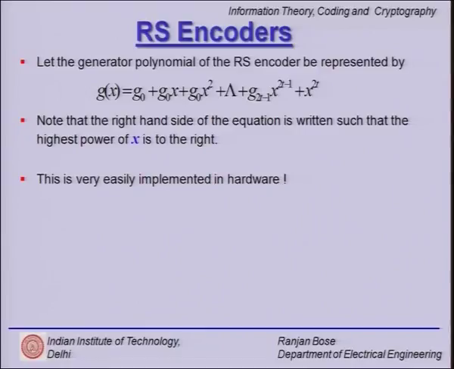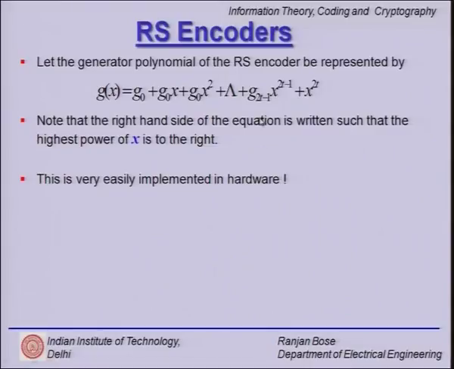Now, let us look at the encoder representations, and we would like to encode the following generator polynomial. So, this is g0, g1, g2 up to g(2t minus 1), up to this monic x raised to 2t.